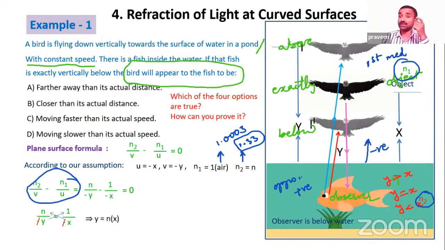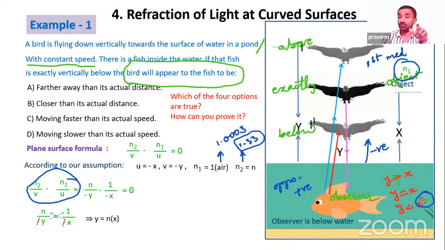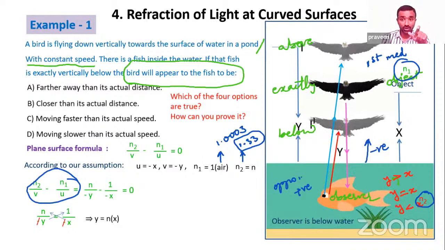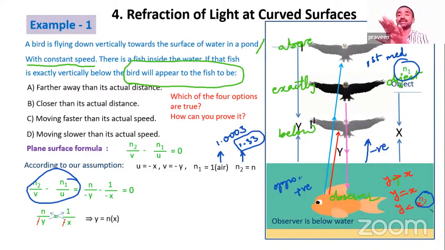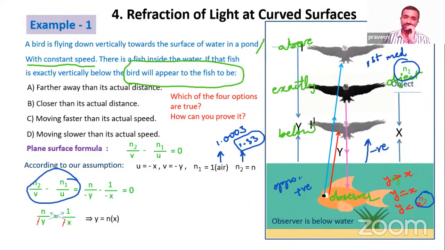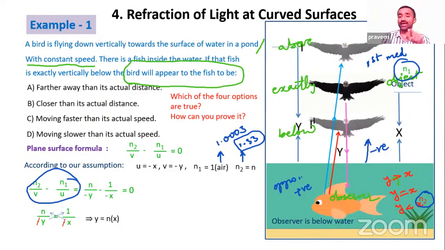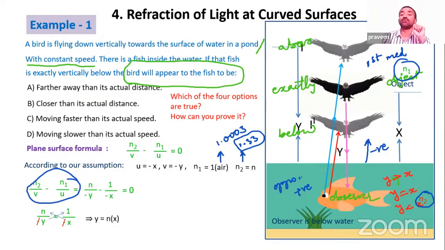But what is our assumption? y may be greater than x, y equal to x, or y less than x. But this does not match any assumption. What to do in this case? Simple, assume. Already I have assumed that n2 equal to n is 1.33.